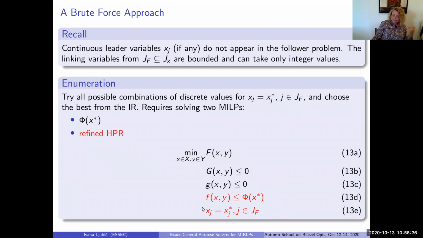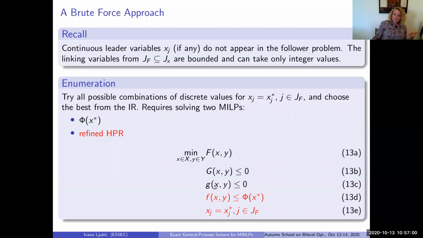In this MILP, I am practically solving my problem, but now knowing that the coordinates from JF are fixed to x star, and also knowing what is the optimal response value from the lower level problem. Remember these are all inner functions plus the integrality constraints hidden in X and Y, so we are solving another MILP.